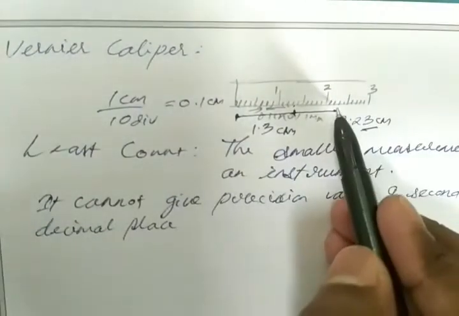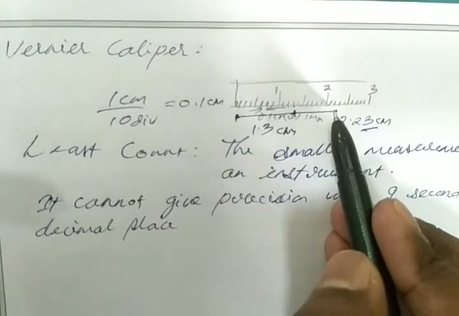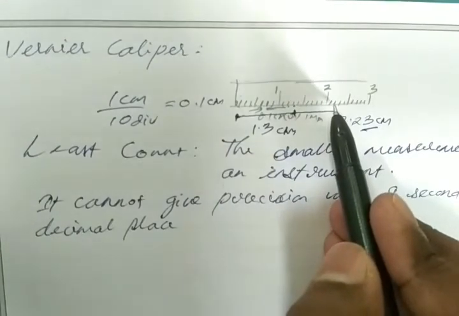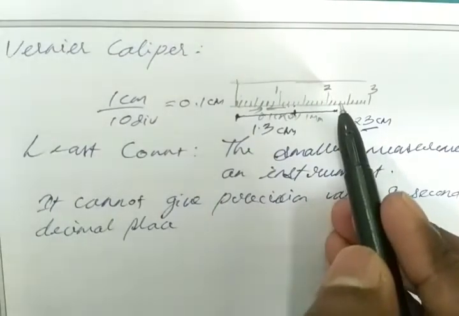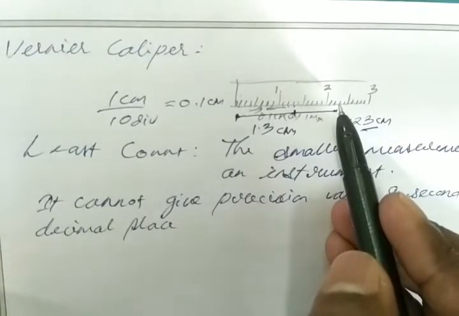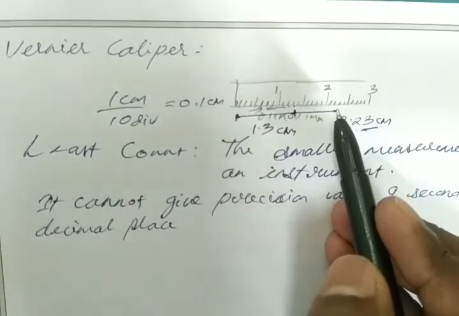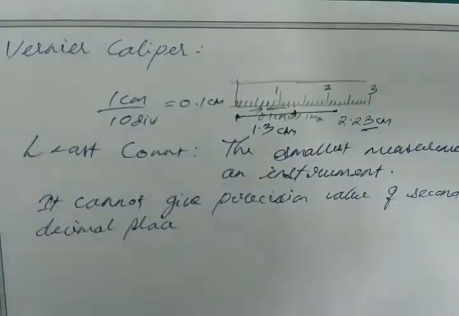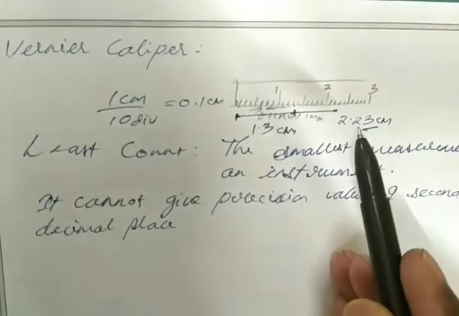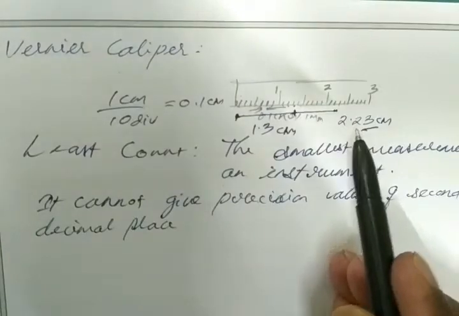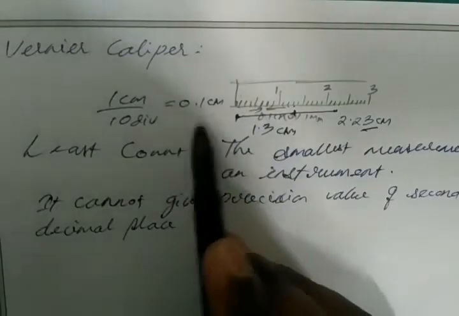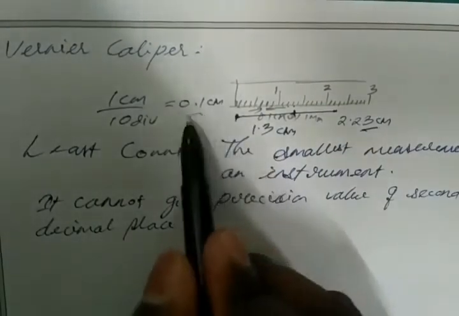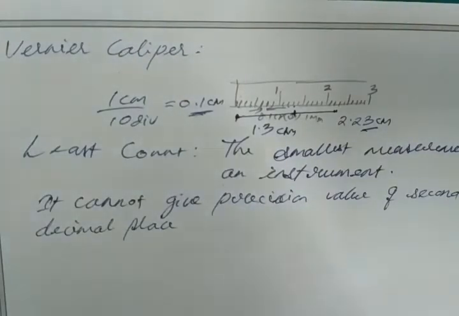We know it is up to 2.2, but the next value is between 2.2 and 2.3. We don't know the exact value. We can measure up to the first decimal place, correct? Because each division is 0.1 centimeter, but we cannot give the precise value up to the second decimal place.